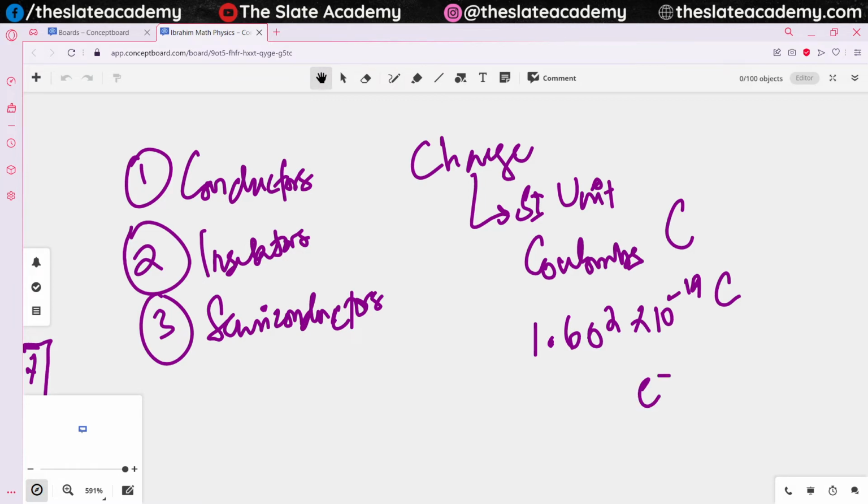Got it? On one electron. So if you have just an isolated electron and you try to calculate the charge on that, you would have 1.602 into 10 to the power minus 19 coulombs. Got it, sir?